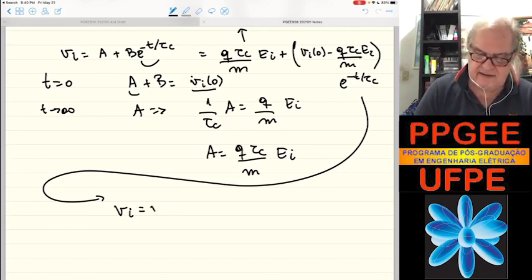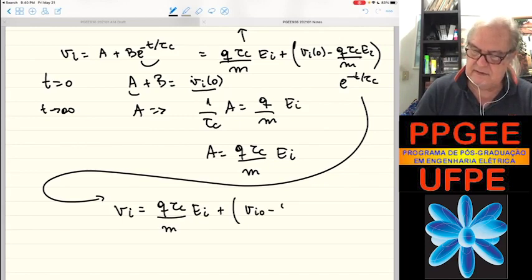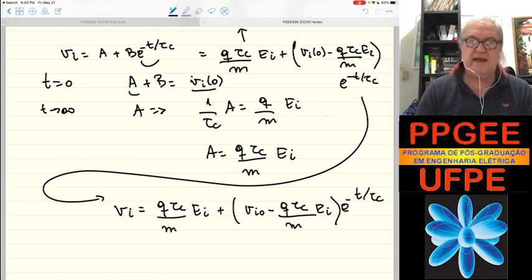Is V_i at t equals 0, sorry, steady states plus. So that's the i-th component.